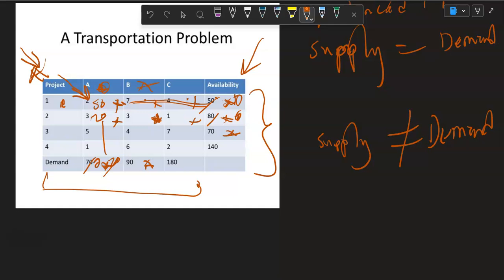But demand B wants 90. So let's give the 60 that is remaining. This side, you'd have depleted this particular supplier, but for the demand, 60 from the 90 that is needed, you remain with the 30, isn't it?